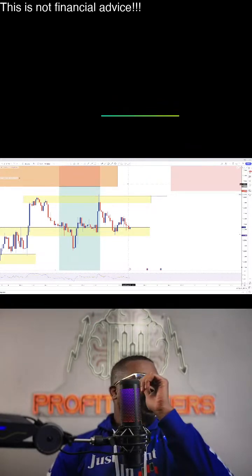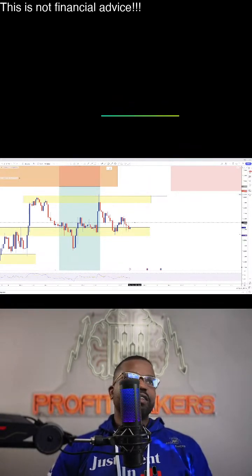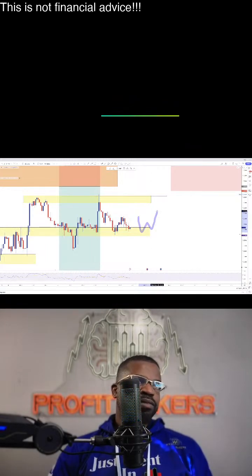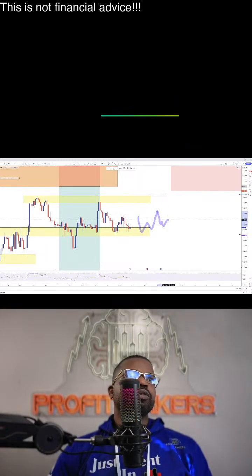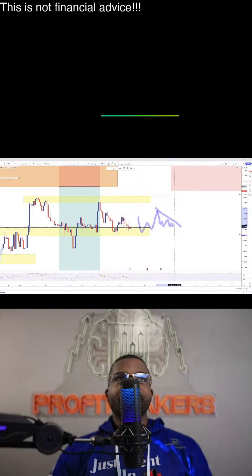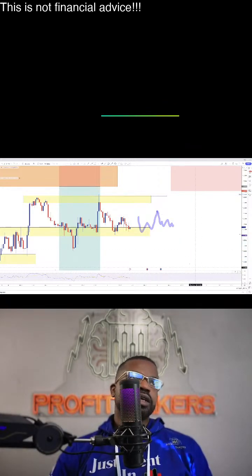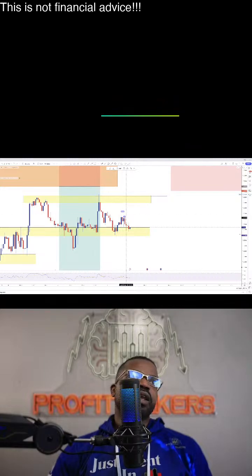I want you to start backtesting these things. When you have a reversal pattern and you start getting multiple tests at that reversal pattern and price is creating lower highs, there's a bigger chance of that thing getting broken. And you see what's happening right here? Lower high, lower high, lower high, lower high, lower high.